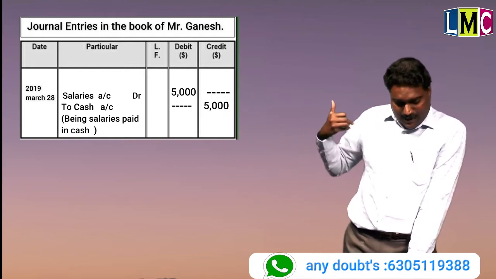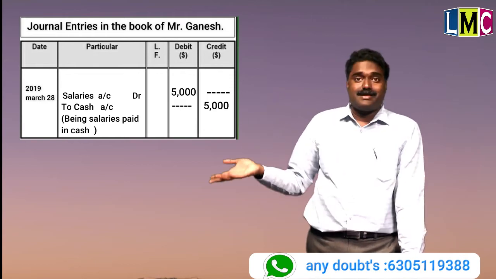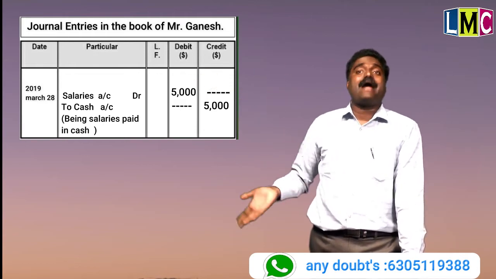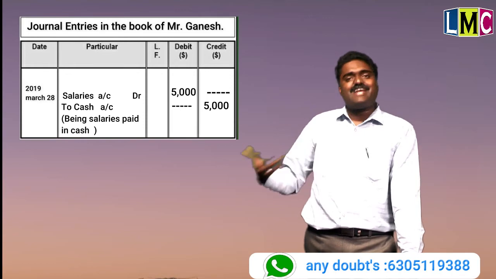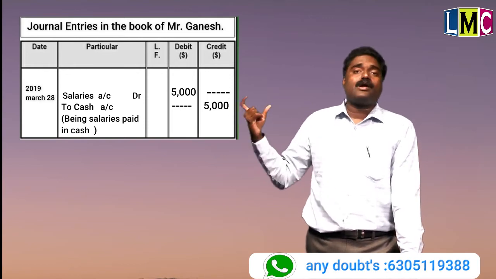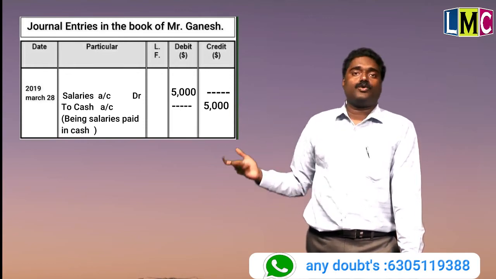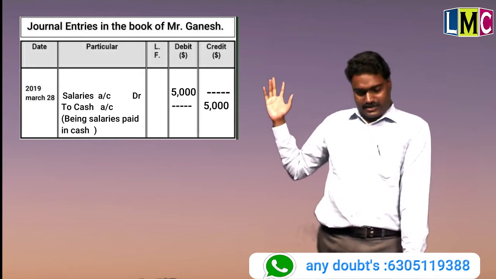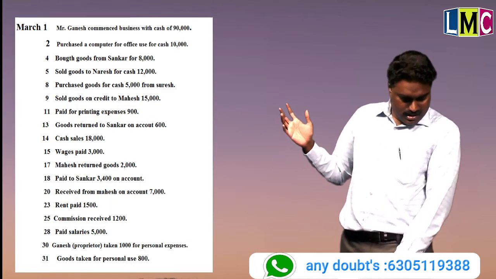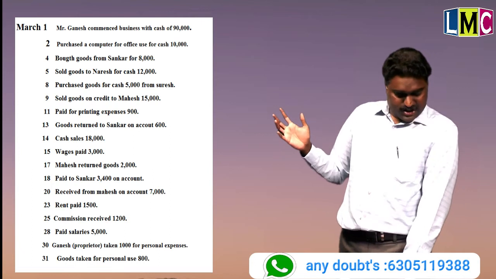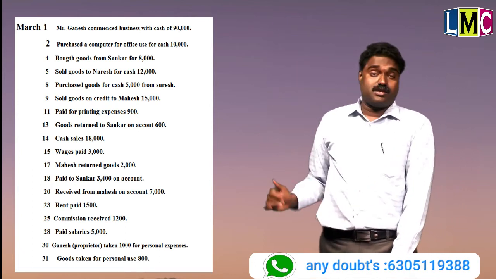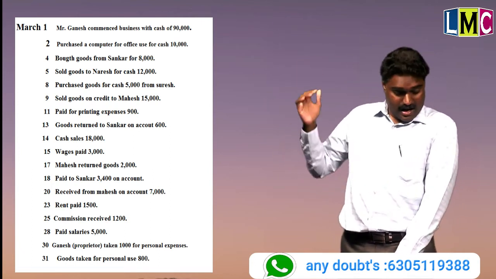Whenever salaries are paid through bank, then salaries account debtor to bank account. But salaries are paid in cash over here. So salaries account debtor to cash account, being salary paid. Is that clear? Next would be Ganesh, the proprietor who got money, the business capital.